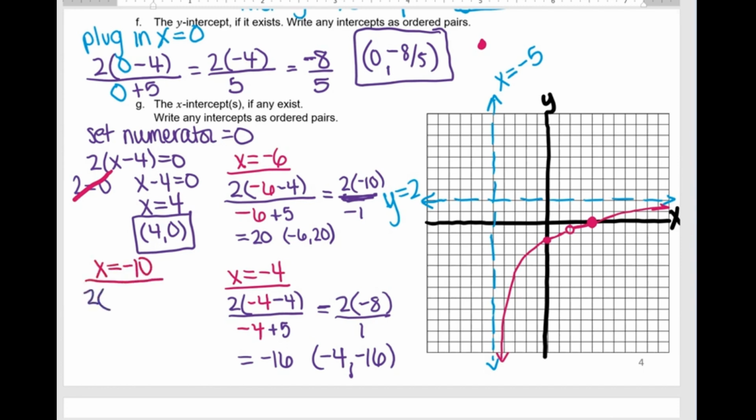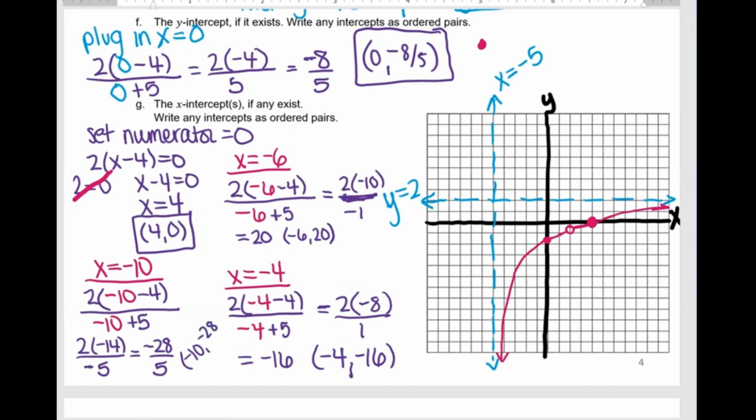We would have 2 times (-10 minus 4) all over (-10 plus 5), which means that we have 2 times -14 all over 5. We get -28 over 5. So we have the ordered pair (-10, -28).